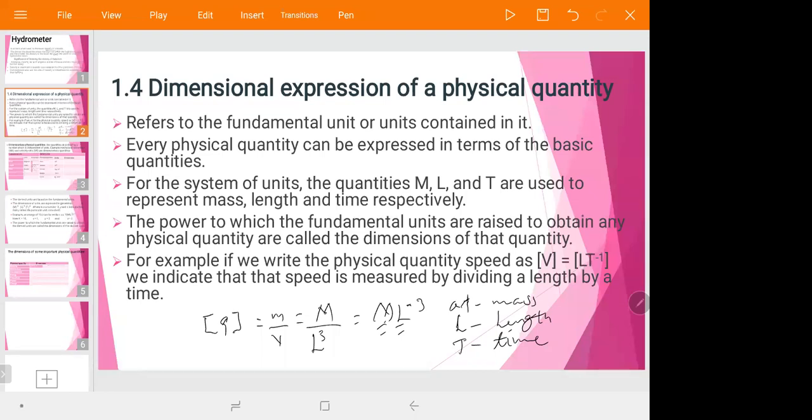For example, capital L to the power of 3 means three lengths: length times length times length, meaning length cubed.